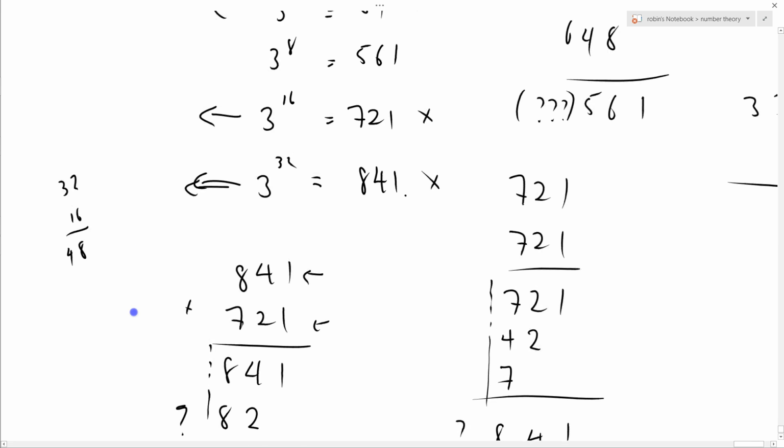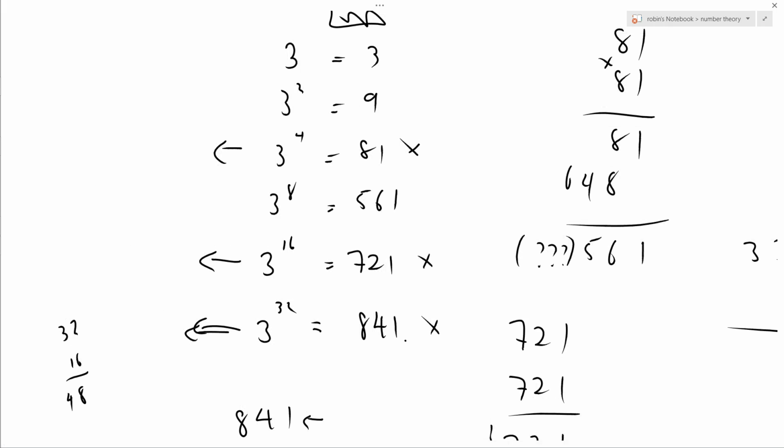And we need 3 squared, which is 9. I don't need this one, I need that one there. Is that right? 32 plus 16 plus 2 is 50. That's right.